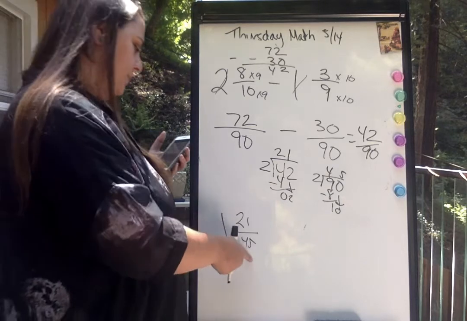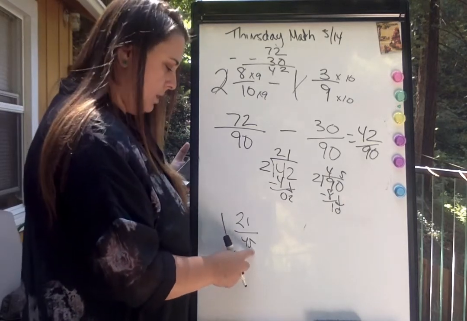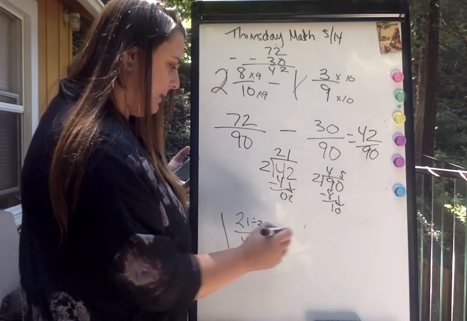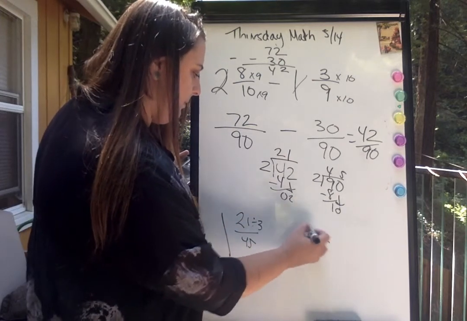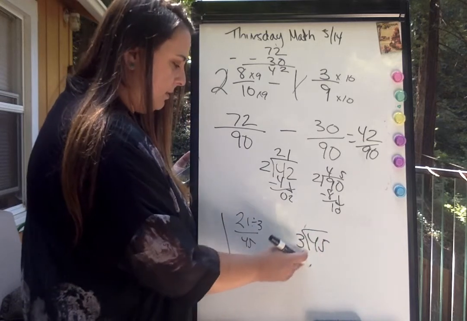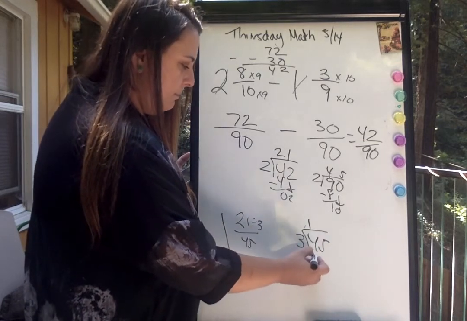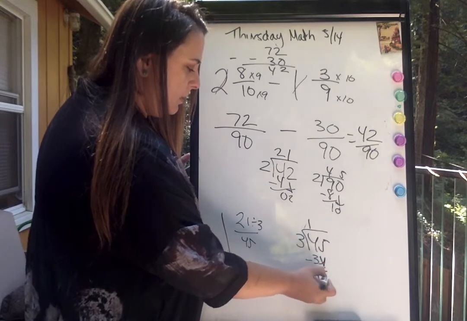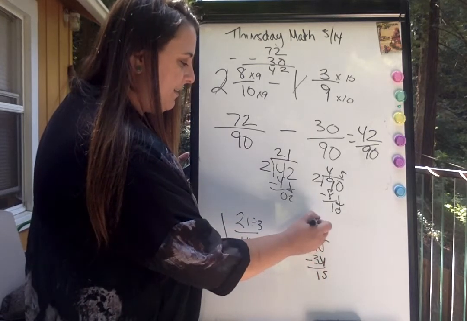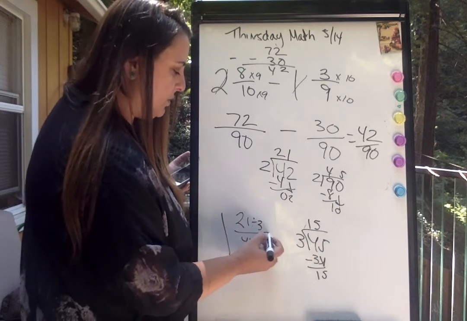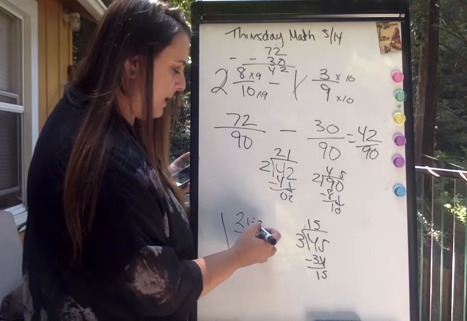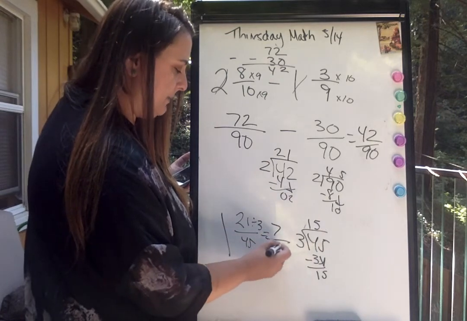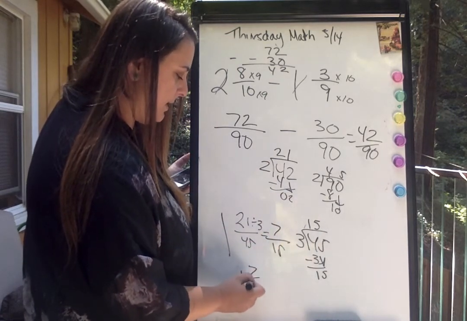I think we can reduce this more. I know that a 3 goes into 21. Let's see if we can take 45 and divide it by 3. 3 goes into 4 1 time. 3 goes into 15 5 times. So 21 divided by 3 is 7. 45 divided by 3 is 15. Your total is 1 7/15.